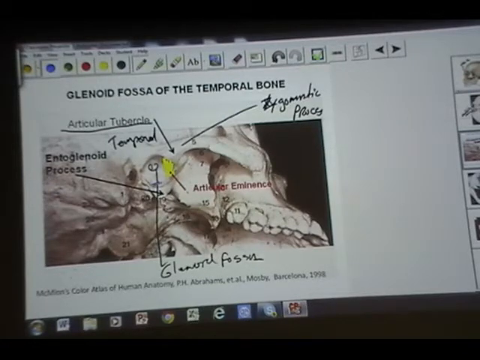Okay. Then we have here this process that sticks down over here on the medial side of this glenoid fossa, and this is called the entoglenoid process. Now, we don't chew in a fashion where we strictly go side to side. We do have a movement that takes us from one side to the other, but in order to do that, we have to move the mandible actually downward and forward to then get it to the opposite side for this process of chewing, okay?